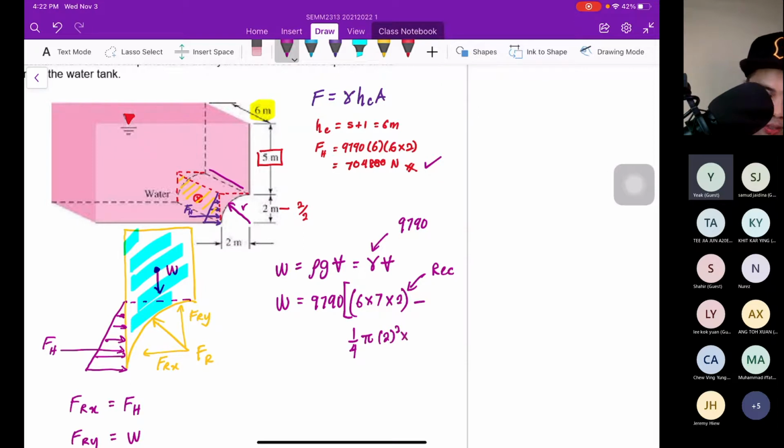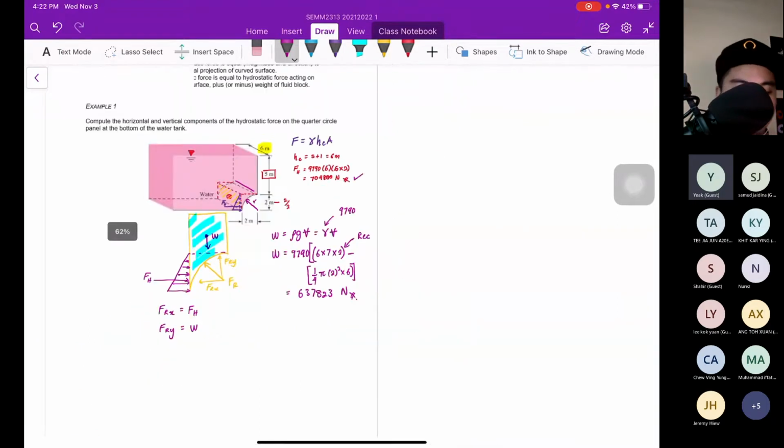Multiplied by the depth, which is 6 meter. And then you will get your answer, which should be 637,823 Newton. That's it. Very simple.